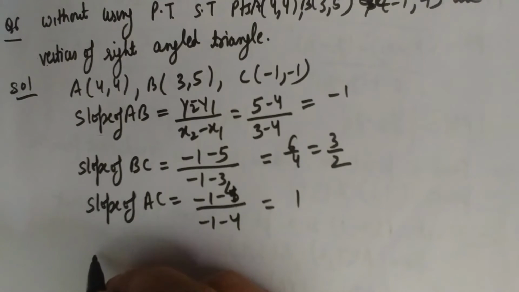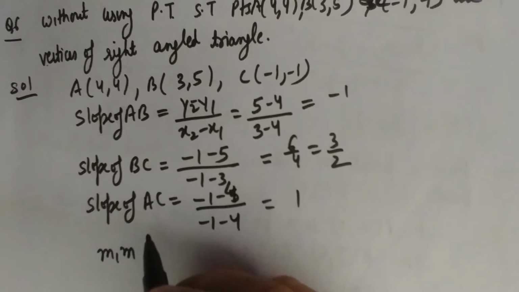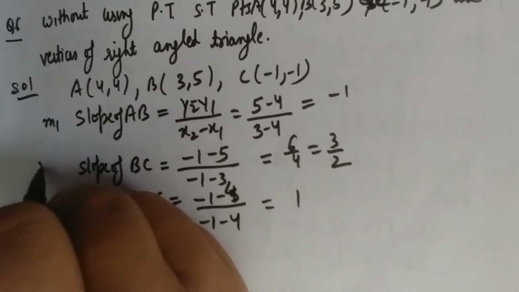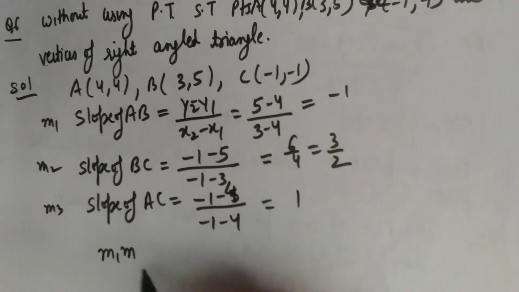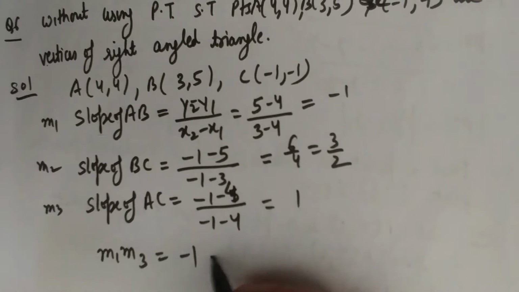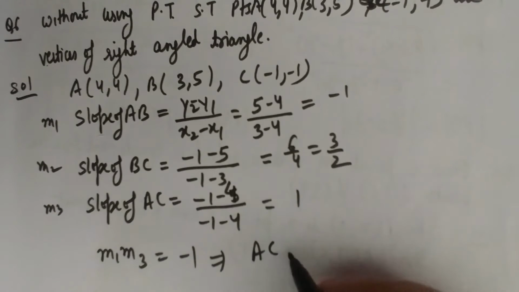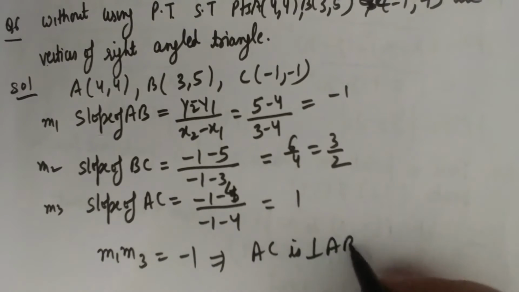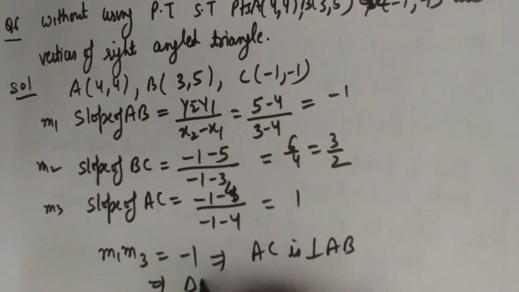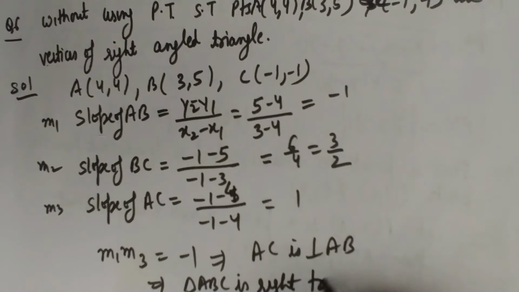So what do I find for perpendicular lines? What is the condition? That the product of the slopes is -1. So I find that m1 and m3, their product is -1. So that means my third line AC is perpendicular to AB. This implies that triangle ABC is a right triangle.